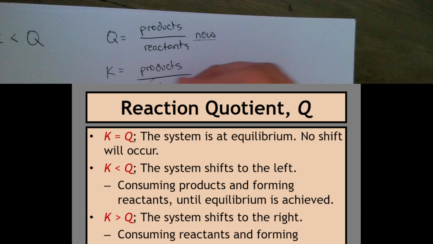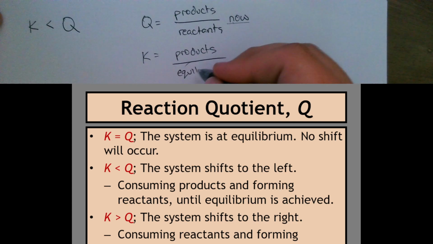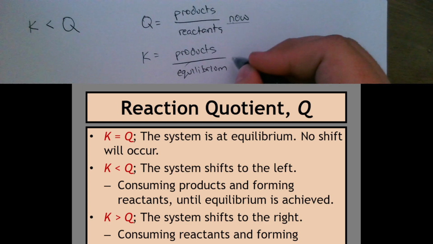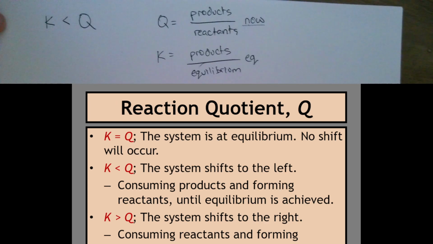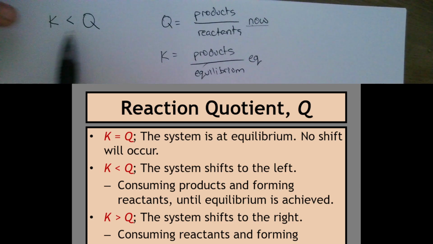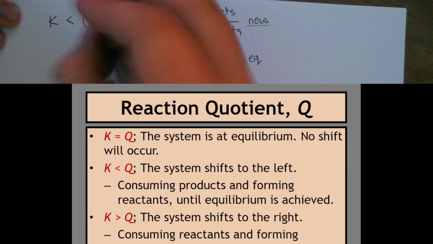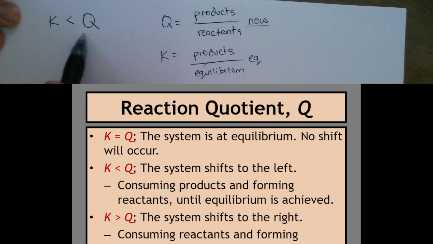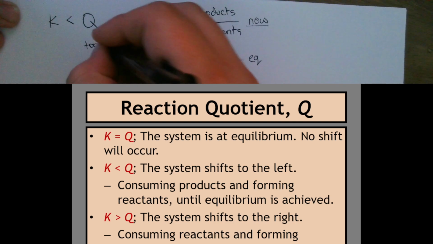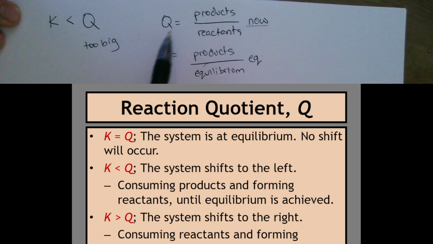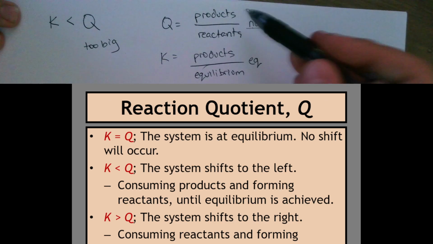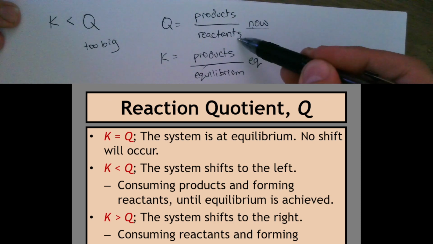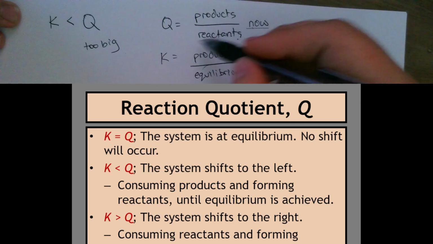I know I'm not there because K doesn't equal Q. So at equilibrium, what this means is Q is bigger than K. Q is too big. To make this number smaller, I need more reactants to make it equal K.